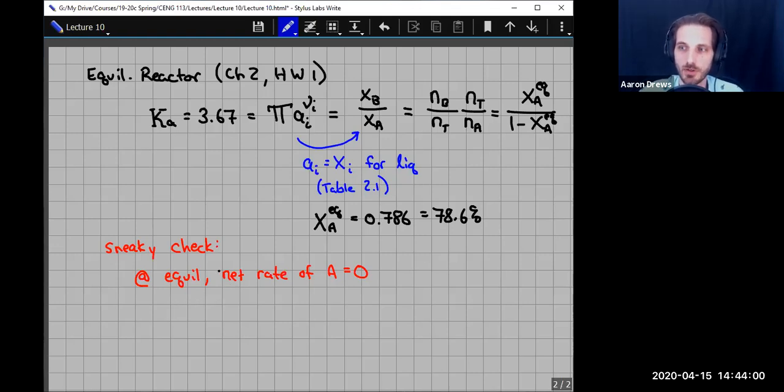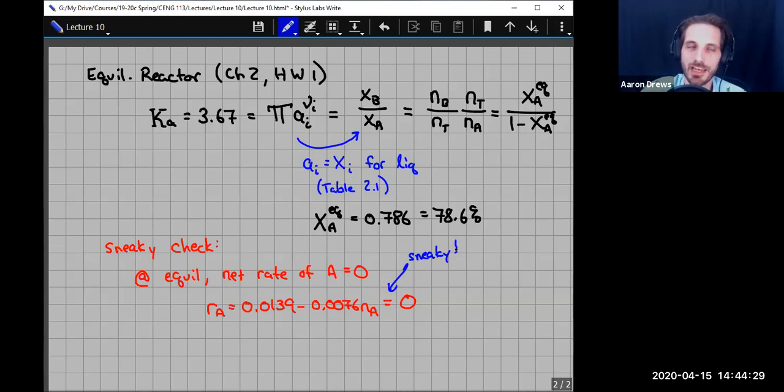So if you recall from the previous problem, we had found that R sub A was equal to 0.0139 minus 0.0076 N sub A. If we are at equilibrium, then this has to be equal to 0. That's the sneaky part, right? It's a sneaky way of checking whether or not you did your equilibrium reactor correctly.